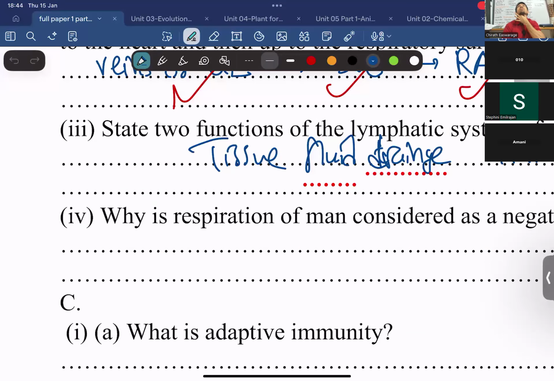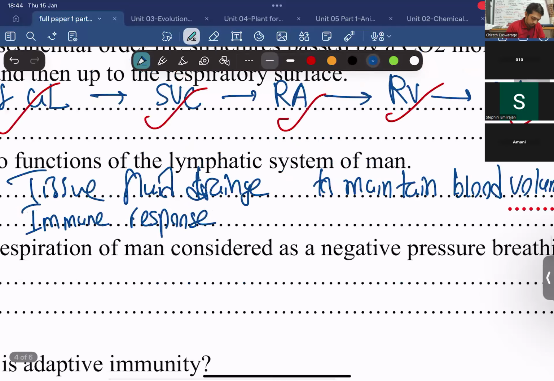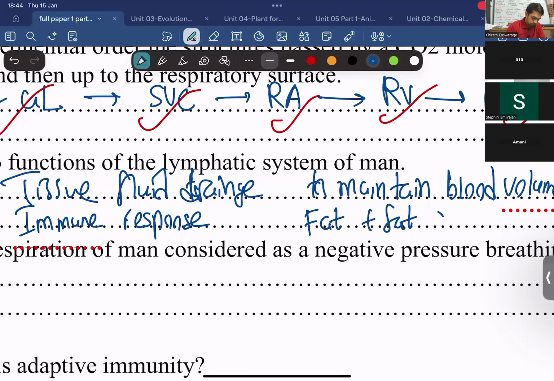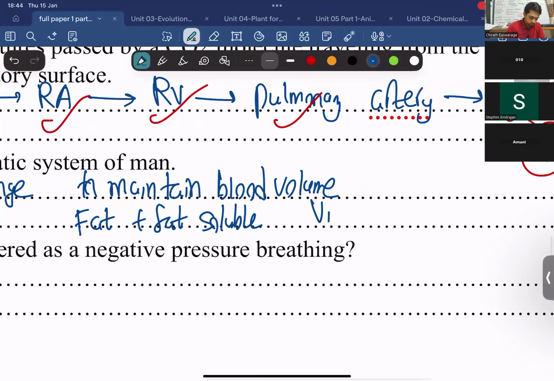I just told you, when you have an infection, your lymph nodes are going to be enlarged. Immune response, that's one thing you can write, and also there are other things. Fat plus fat soluble vitamin absorption.